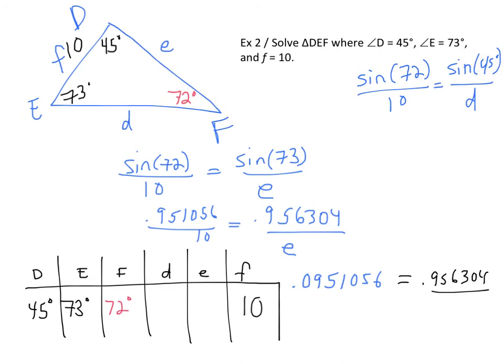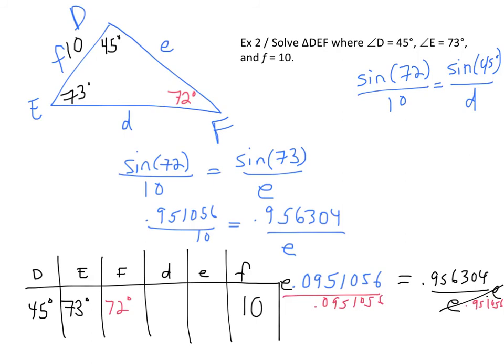And now I have 0.956304 divided by E. If I want to solve for the number E, I will multiply by E to undo division by E. Keep in mind this is not the number E. You'll learn about that later. And, okay, I'd really like E to be alone, so I'll divide by 0.951056. And again, I'm running out of room, so this is a little messy.